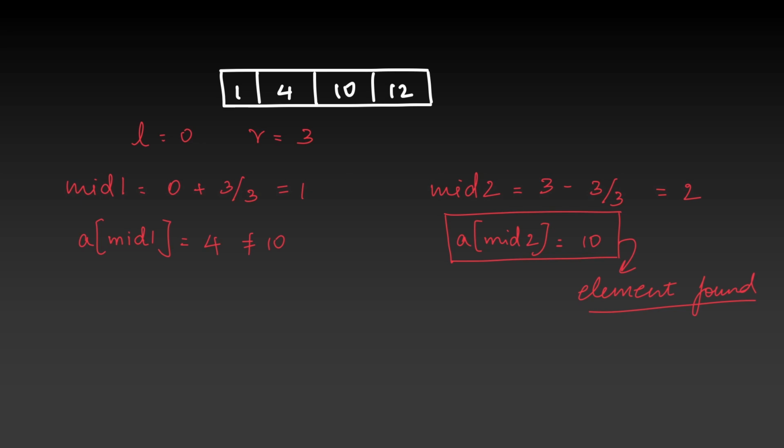But we also have certain disadvantages to ternary search. It is only applicable to ordered lists and cannot be used on unordered or non-linear data sets. Just like binary search, we need the data set to be ordered or sorted. So ternary search cannot be applied on unordered lists.